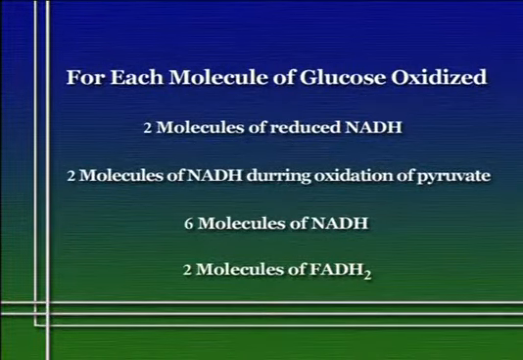Now, if we just figure out what the bottom line is here, and we don't worry about the differences between NAD and FAD for the moment, what this means is that a total of 12 of these electron carrier molecules have been reduced by capturing electrons from the oxidation of carbons originally found in glucose. And these stored electrons represent, it turns out, really a very large amount of energy.